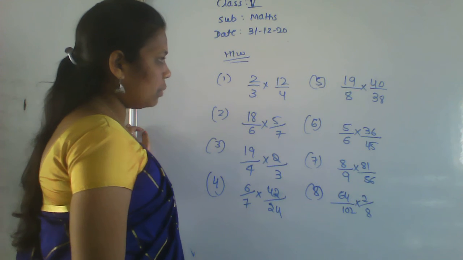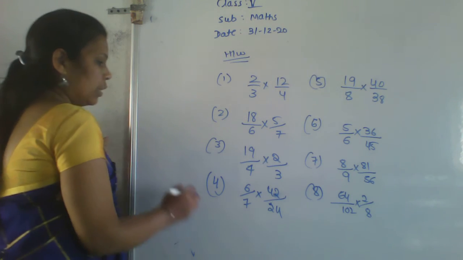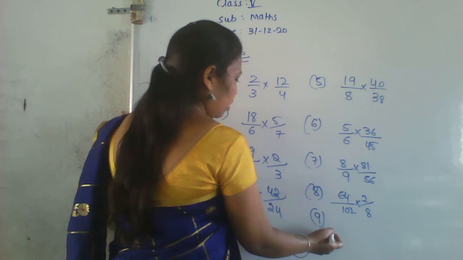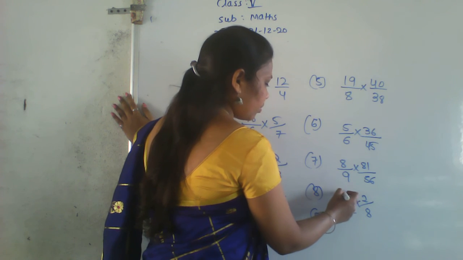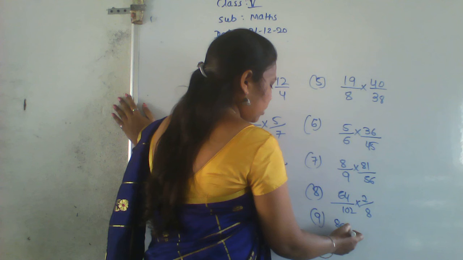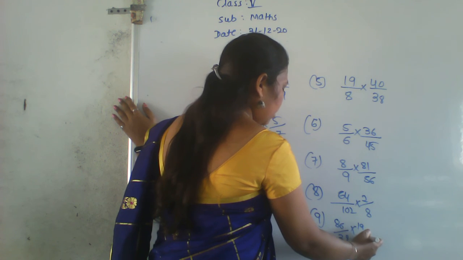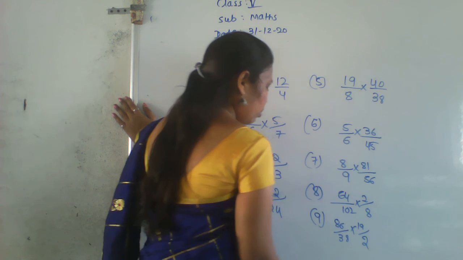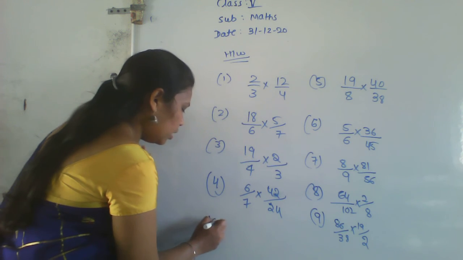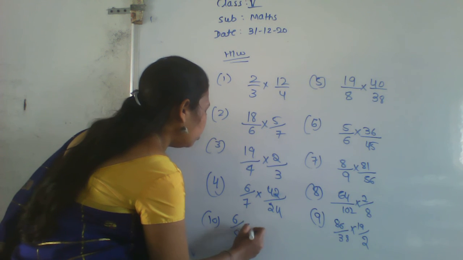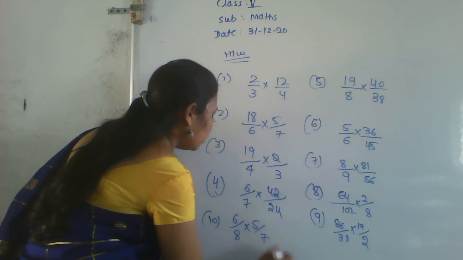Okay, 8 problems, right? Another 2 I give. 9th one, 86 by 38 into 19 by 2. And 10th one is 6 by 8 into 5 by 7.